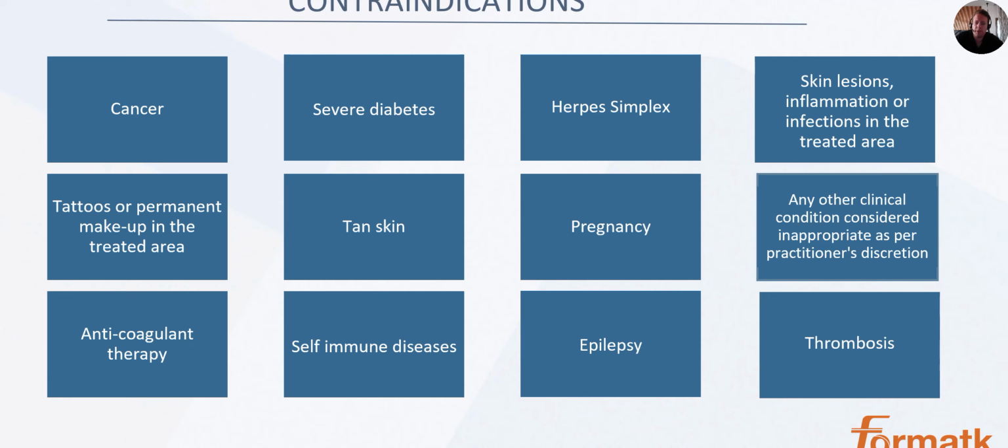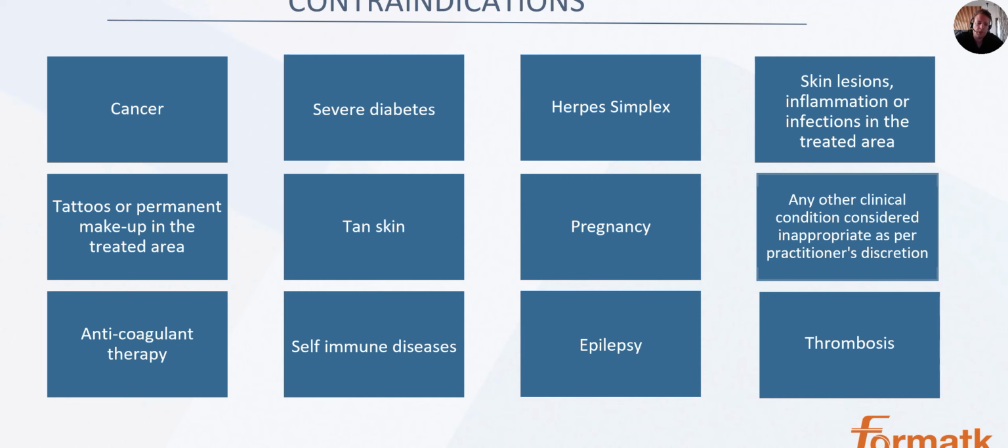Cancer, severe diabetes, active herpes simplex, skin lesions of infection that are non-related, tattoos or permanent makeup in the treated area, severe tan skin in the last 3 to 4 months, pregnancy, and any other clinical condition considered inappropriate by the family doctor or the dermatologist.